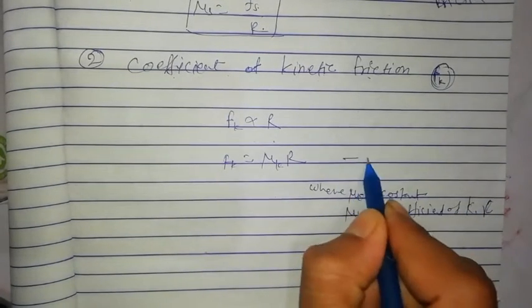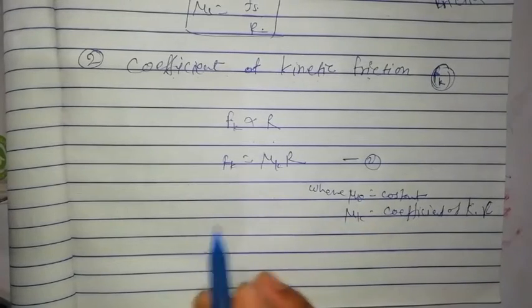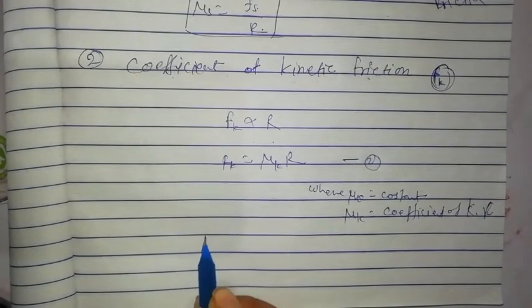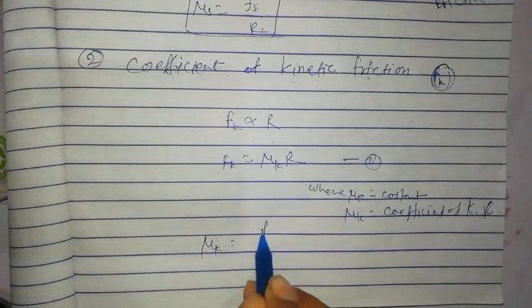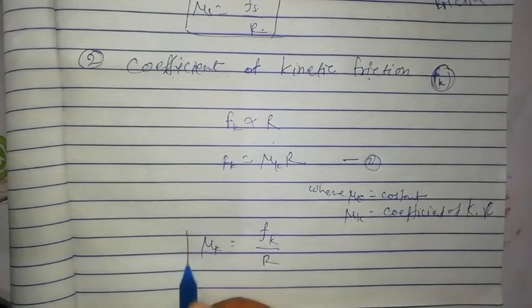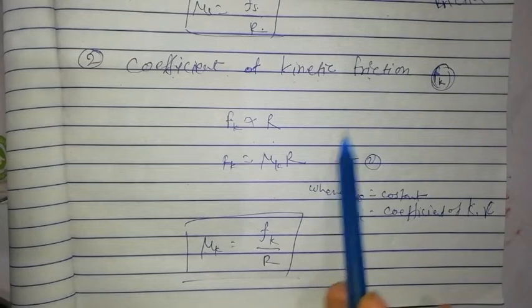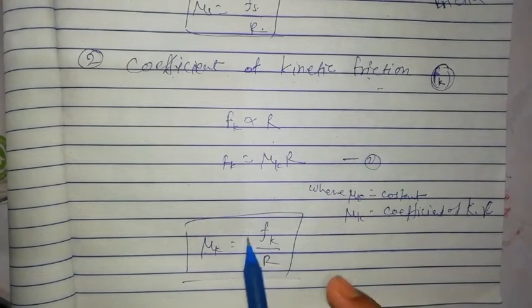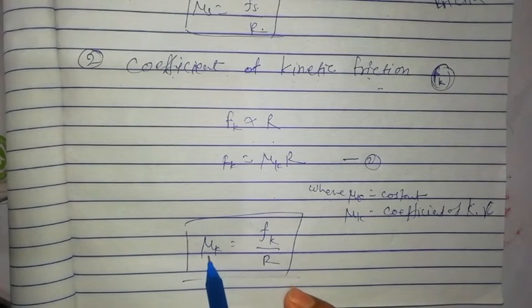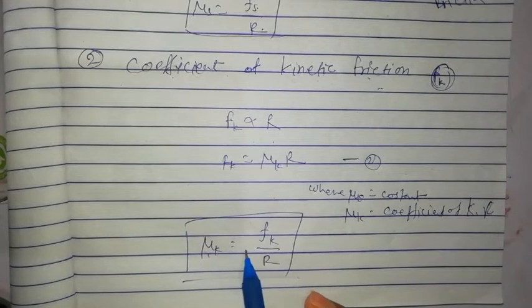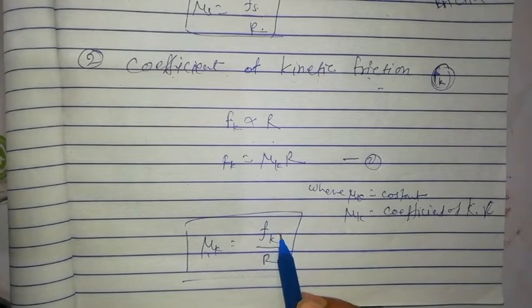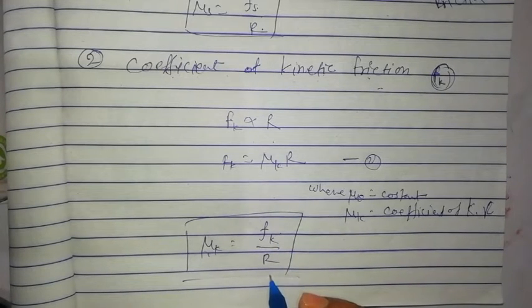Then in this equation we can write mu K equal to small fk upon R. Therefore, the coefficient of kinetic friction is defined as the ratio of force of kinetic friction and normal reaction.